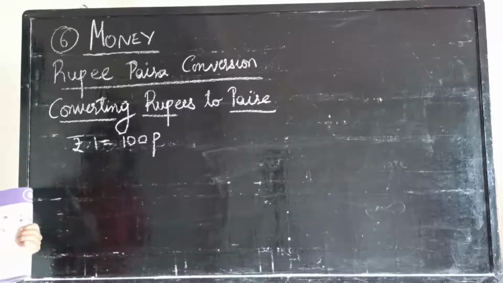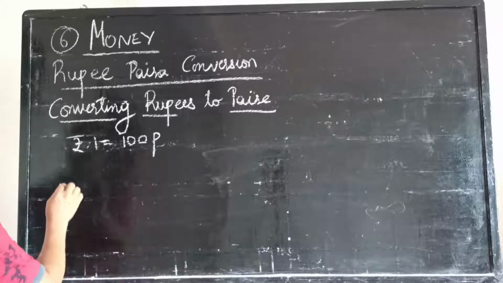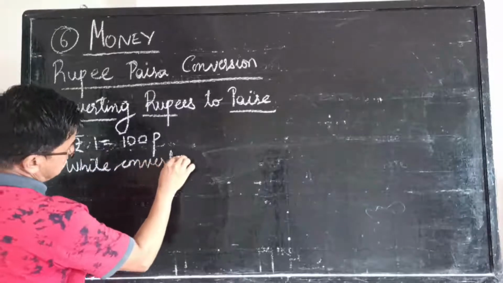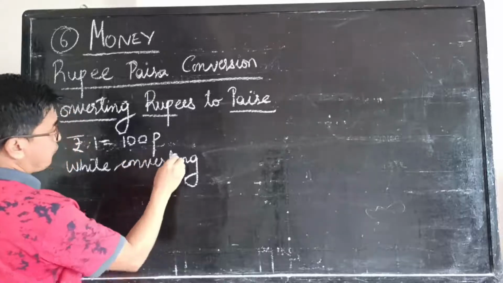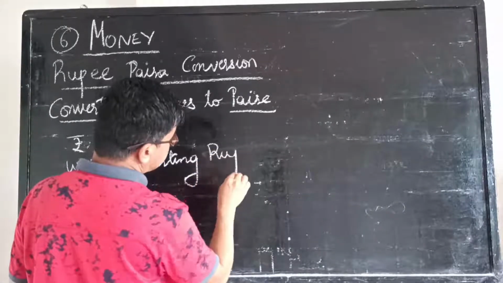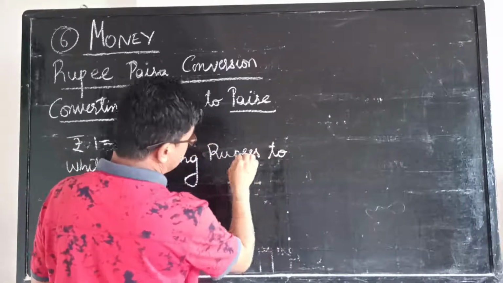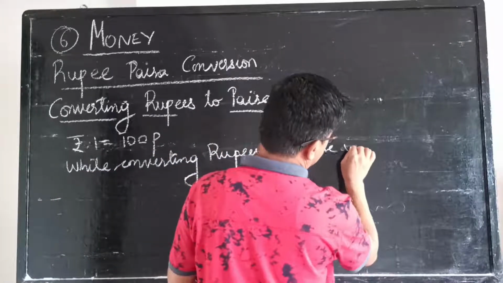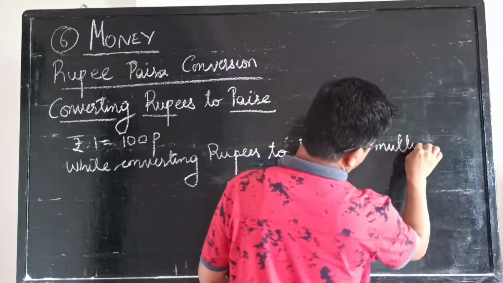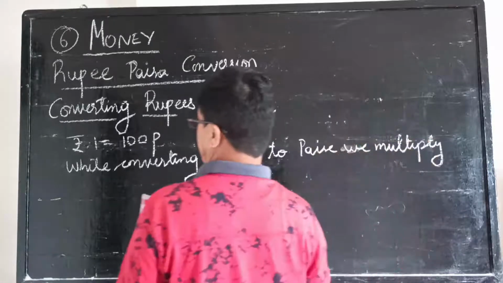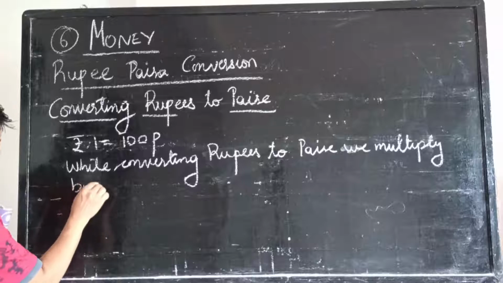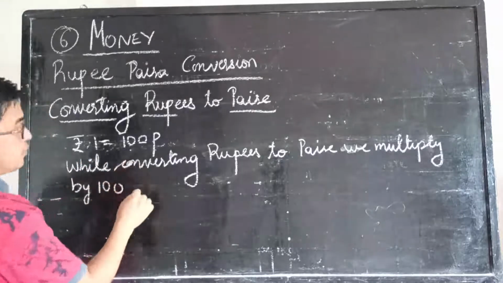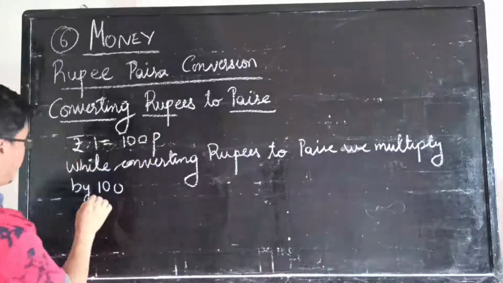While converting rupees to paise, we multiply by 100. So while converting rupees to paise, we multiply by 100.